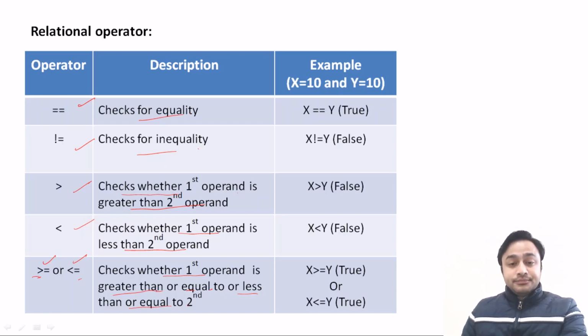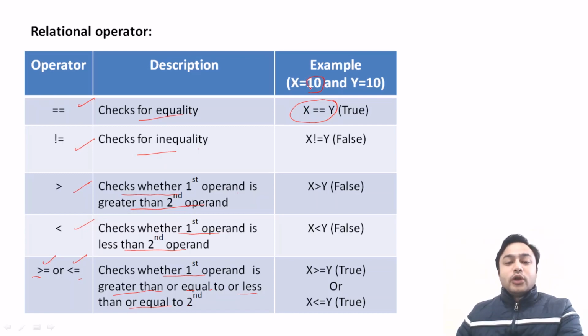second operand. Now how to use this operator, that is x equal to y. So it will check this condition, it is true because the value of x is 10. So you can use like this: if x is equal to y, then cout message you can print true.